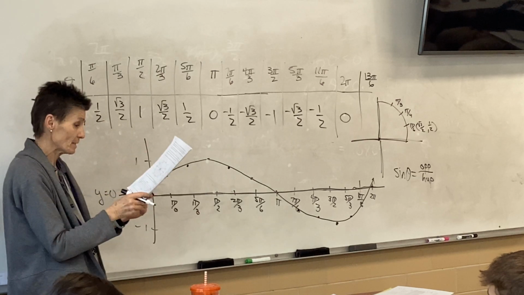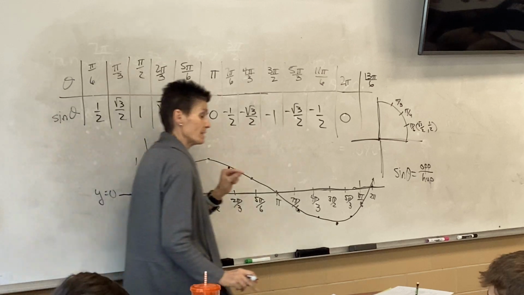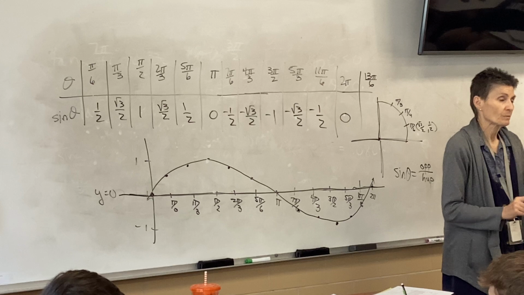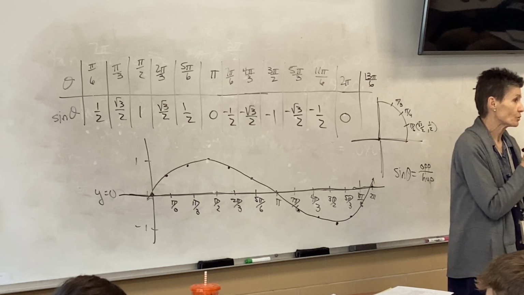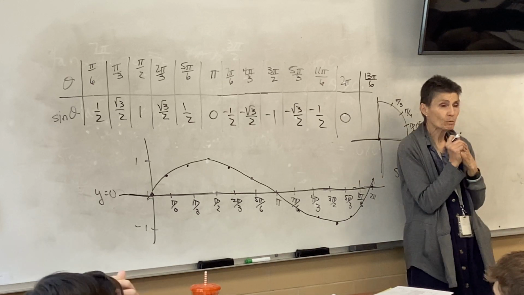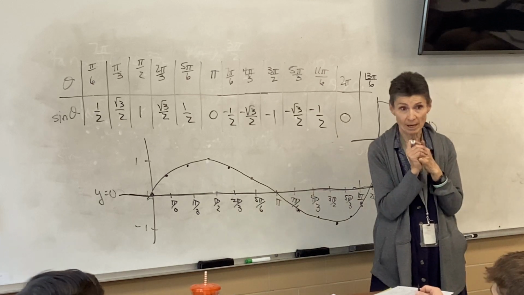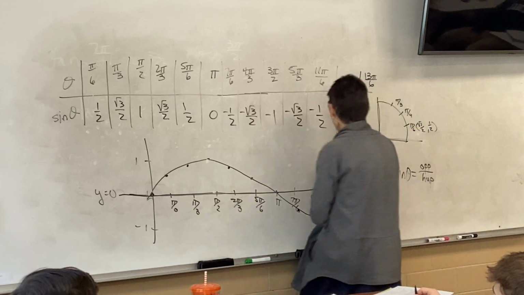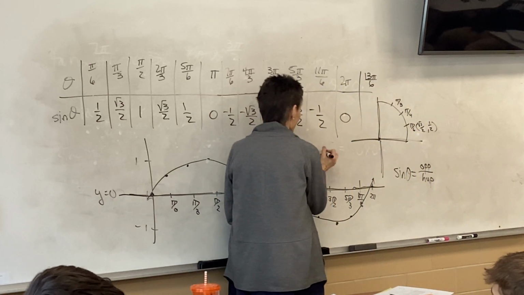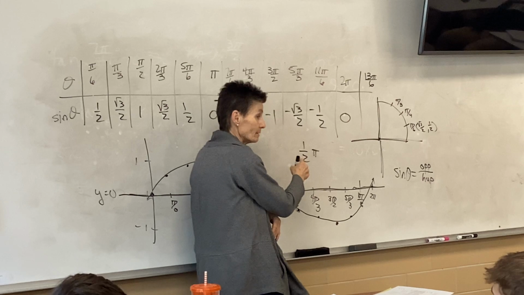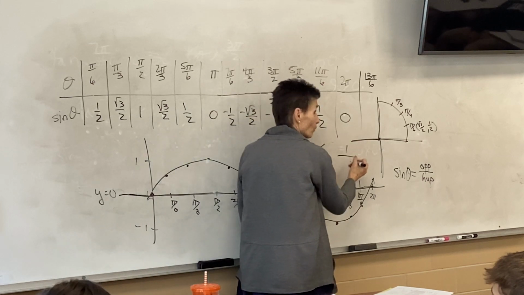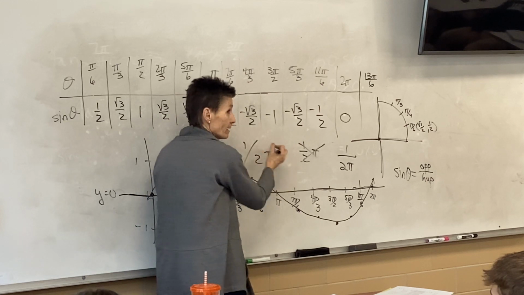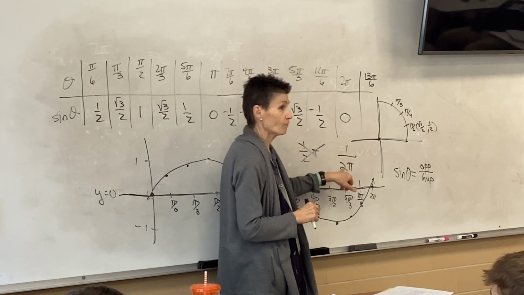Period is 2 pi, we already talked about that. Frequency is the reciprocal of the period. So if the period is 2 pi, then frequency is 1 divided by 2 pi. And be careful when you write that. Don't write it this way. That's half pi. It's got to be 1 over 2 pi. So don't be doing the slant thing, okay? It's too confusing. 1 over 2 pi.